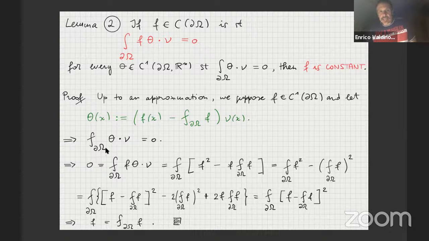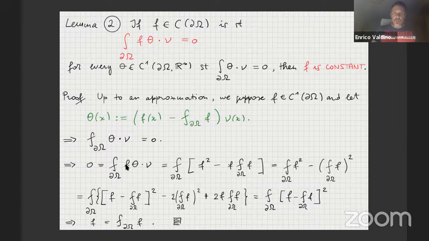Okay, then I can use my hypothesis. So I know that the integral, or the average, when I put this dash here, it means the average. But of course, if the integral is 0, then the average is 0. But I like to compute with the average because it's nicer and simpler. So when I take this average, by assumption, it is 0.